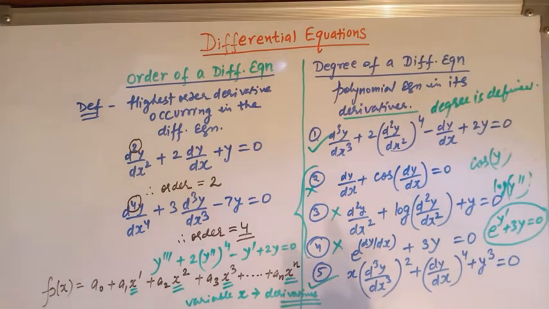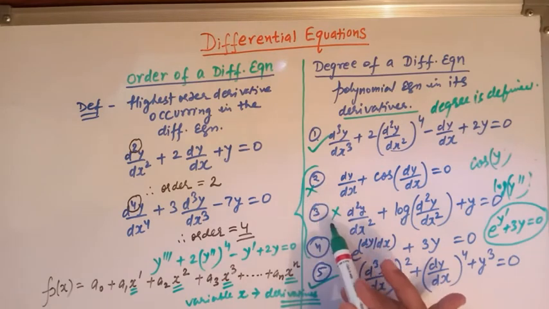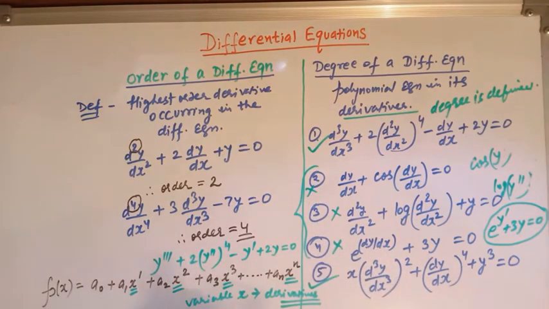Clear? And in cases 2, 3 and 4 the degree is not defined. Clear? So we can say that the degree of a differential equation, if it is defined, is the highest power of the highest order derivative in it.